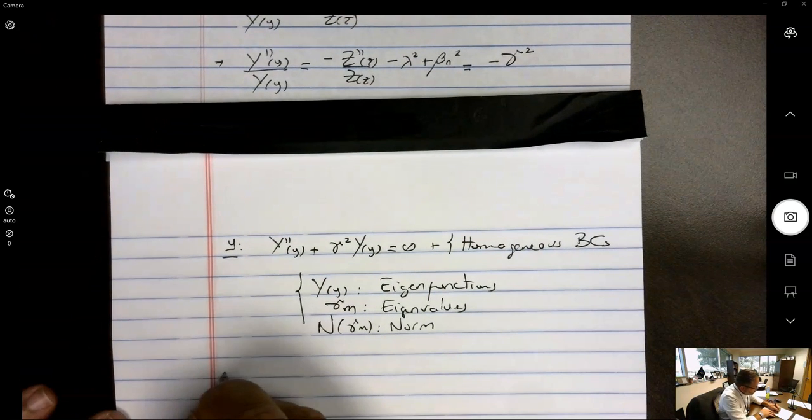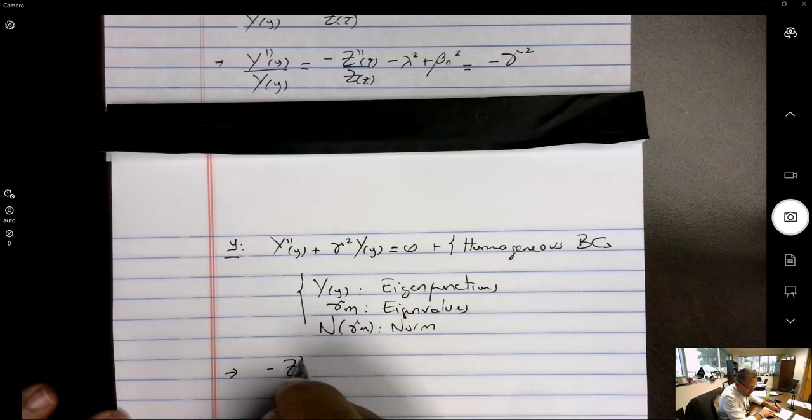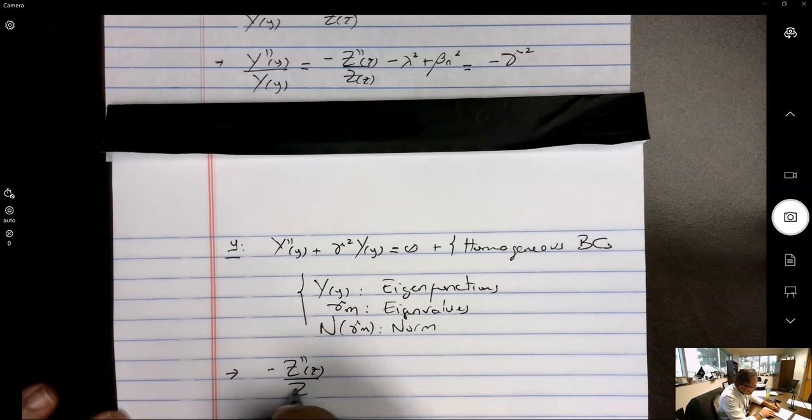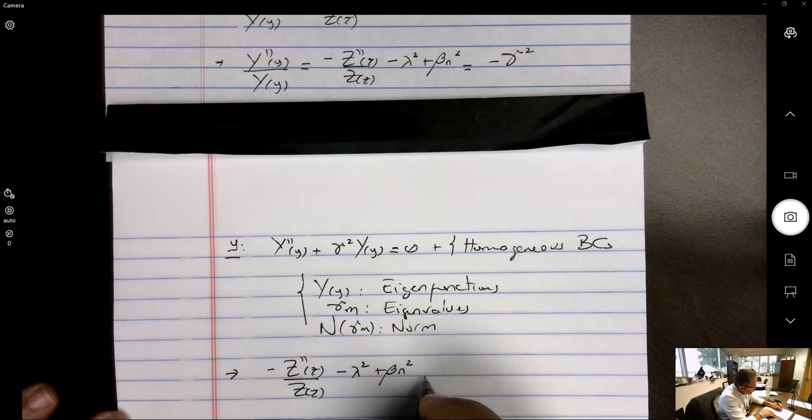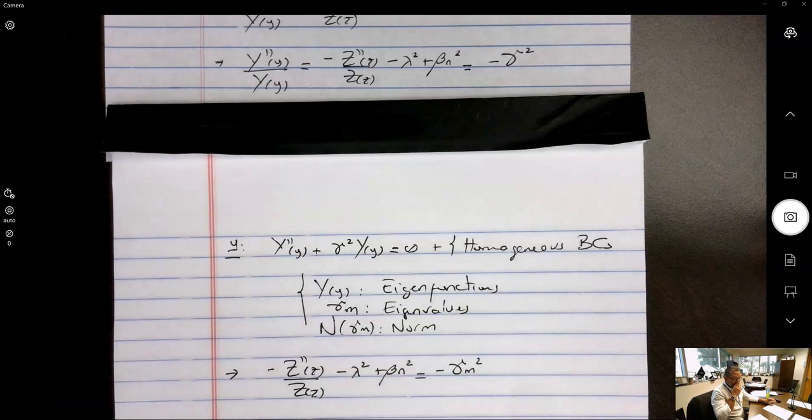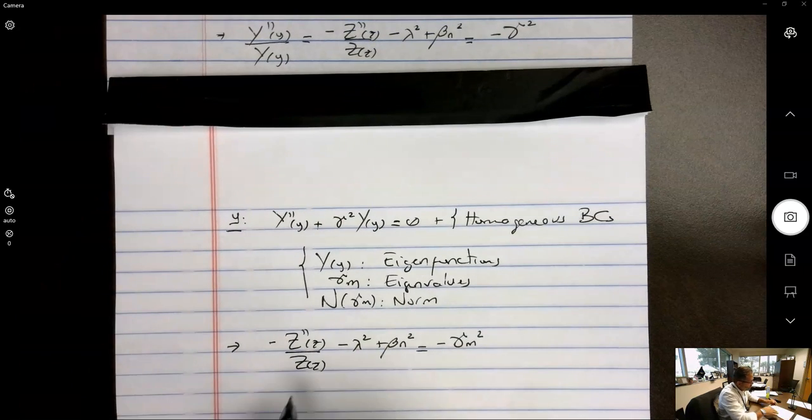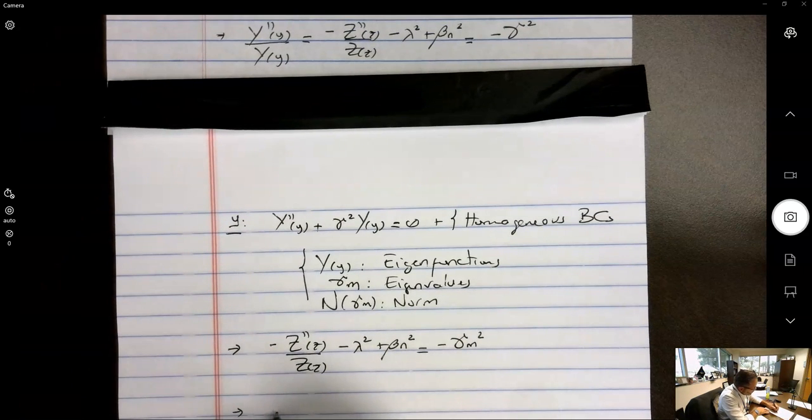So what you end up with now is a problem in the z direction, which looks like minus Z double prime of z divided by Z of z minus lambda squared plus beta n squared is equal to minus gamma m squared. All right. And what I'm going to do is bring this one to the left.